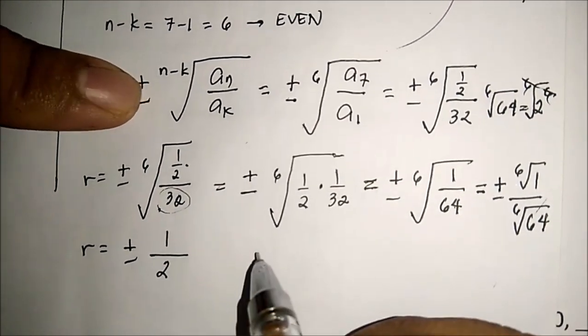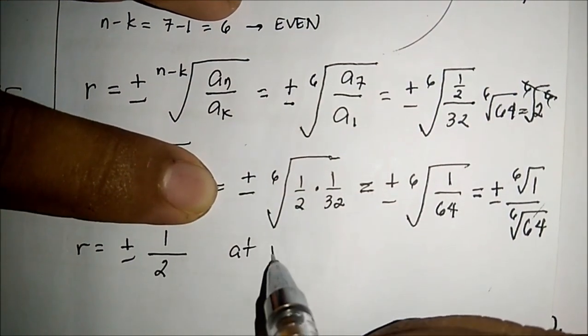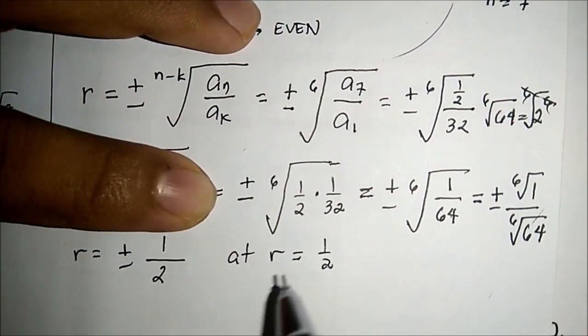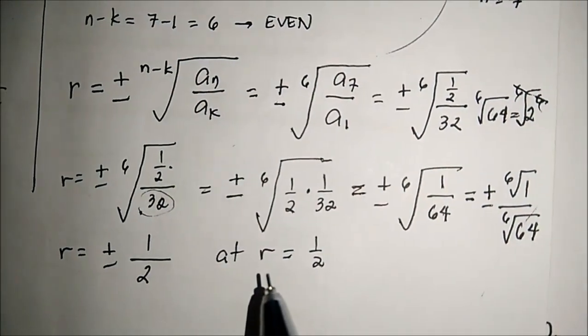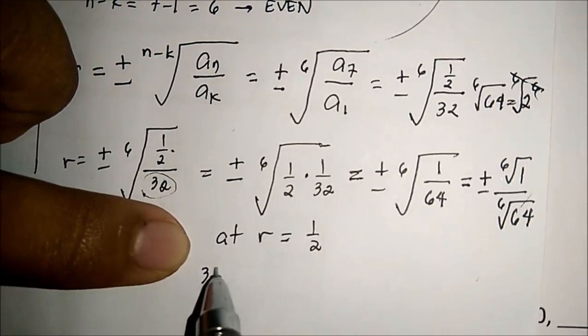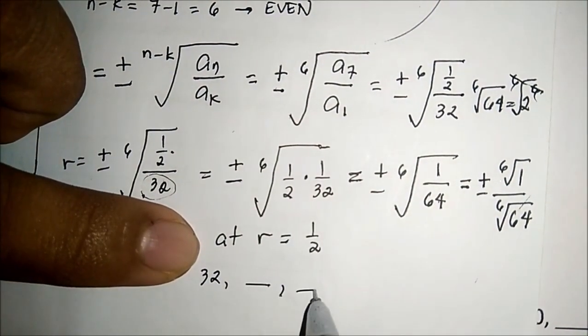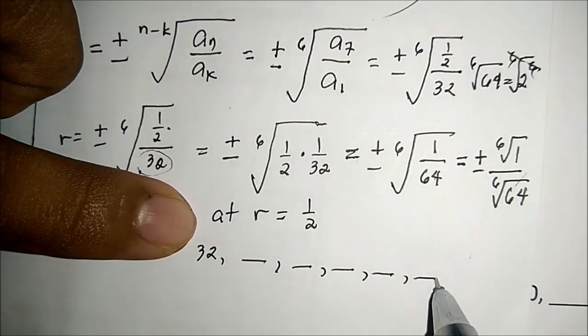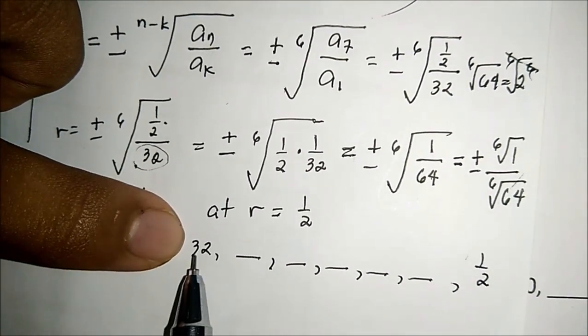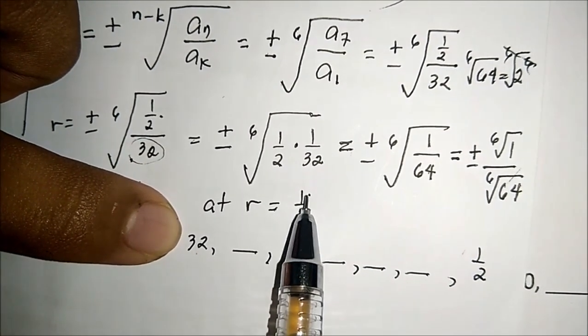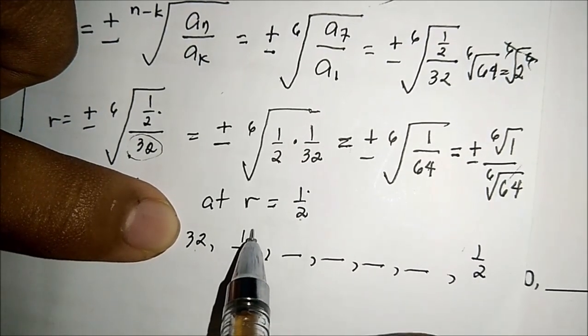So let's see. So dun muna tayo sa positive 1/2. At r is equal to positive 1/2, check natin kung ano yung magiging geometric means natin. So 32, then we have 5 blanks. Then 1/2 sa dulo. So 32 times 1, 32 divided by 2, 16.